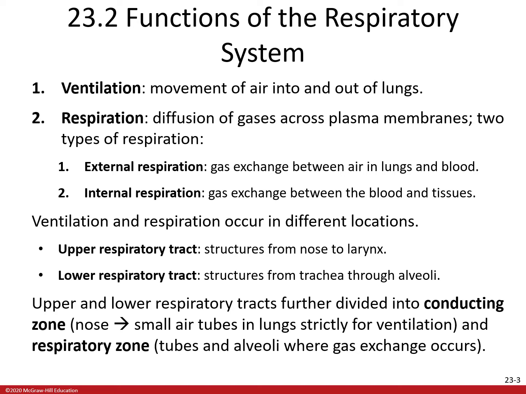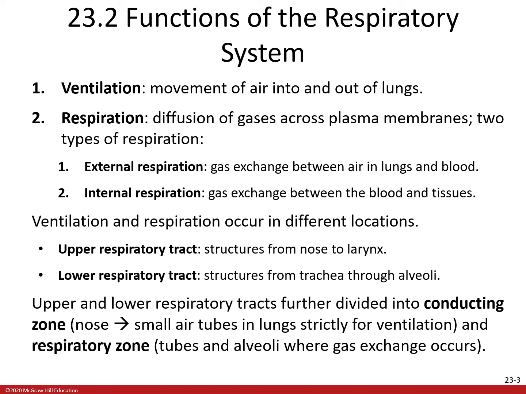So internal respiration occurs in tissues outside of your lungs. You can think of anywhere where you have capillaries in the various tissues of your body. Ventilation and respiration are going to occur in different locations.